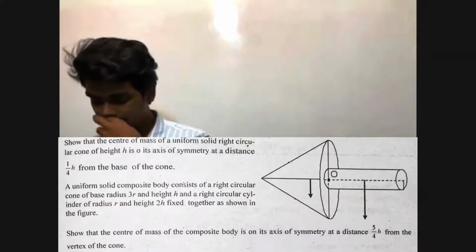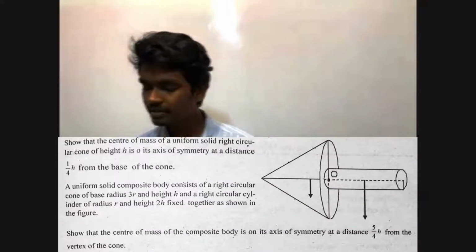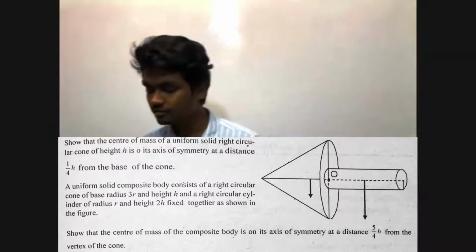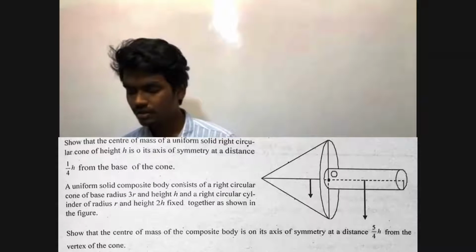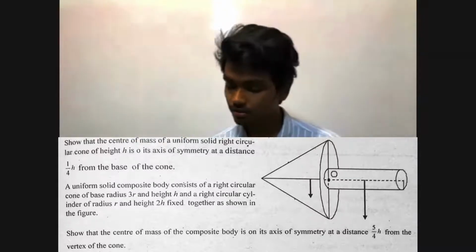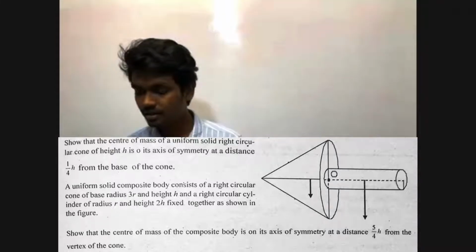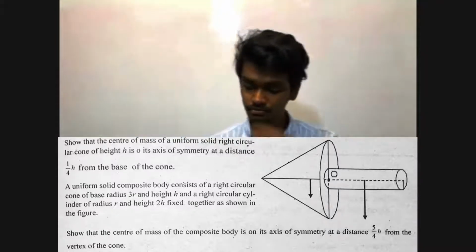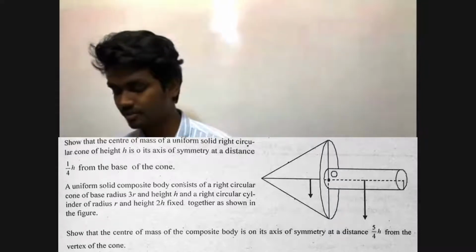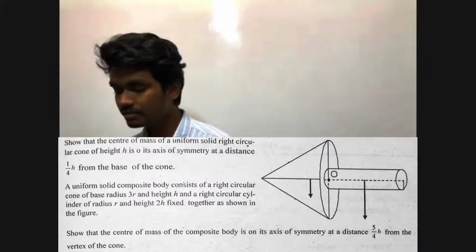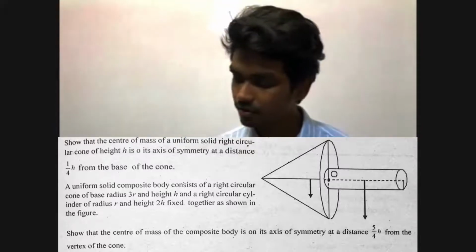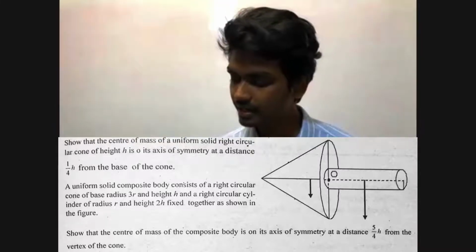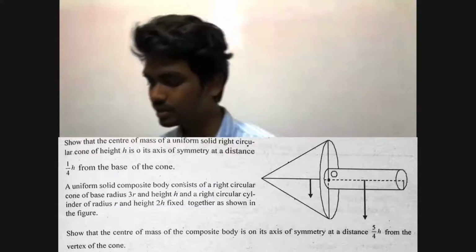Okay, so let's see. A uniform solid composite body consists of a right circular cone of base radius 3r and height h, and a right circular cylinder of radius r and height 2h, fixed together as shown in the figure.